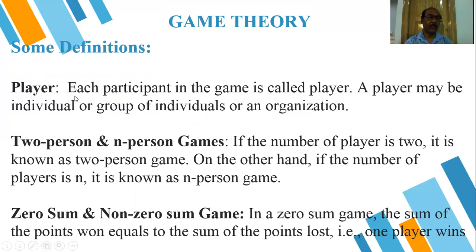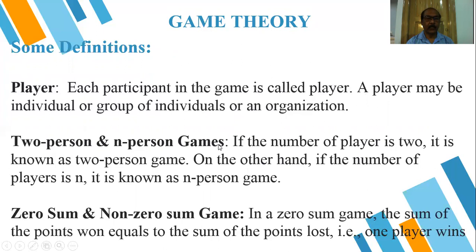A player may be an individual or a group of individuals or an organization. So any player can play individually, or form a group, or represent an organization. Organizations can behave as a player in any competitive game.